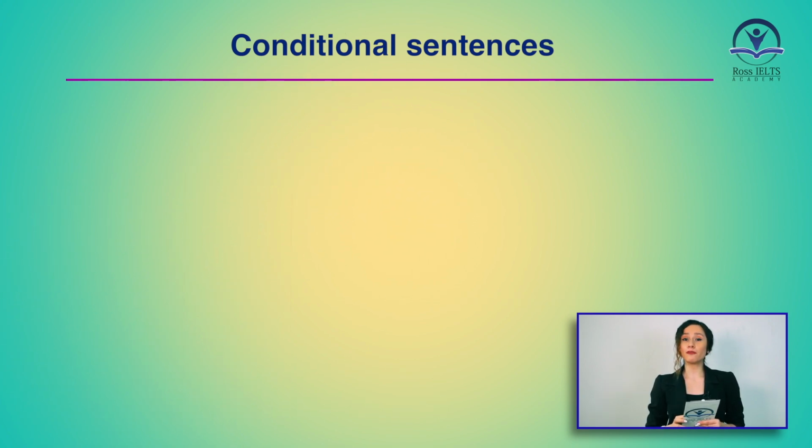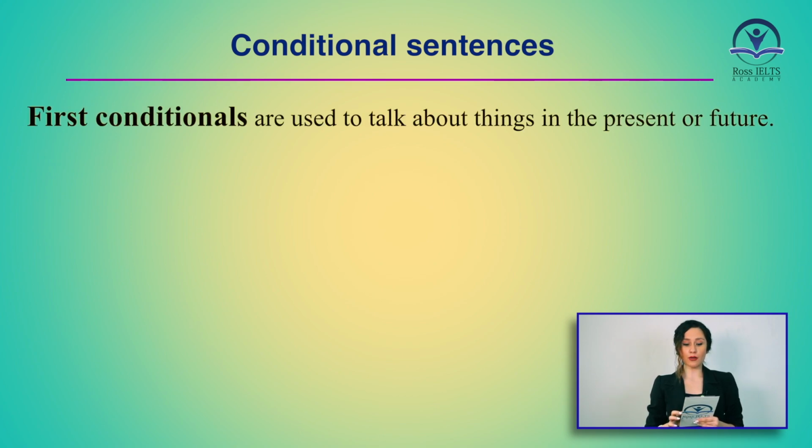Now let's talk about first conditionals. First conditionals are used to talk about things in the present or future. So they are actually very similar to zero conditionals, but they're more precise and detailed. And you can use this structure for first conditionals.